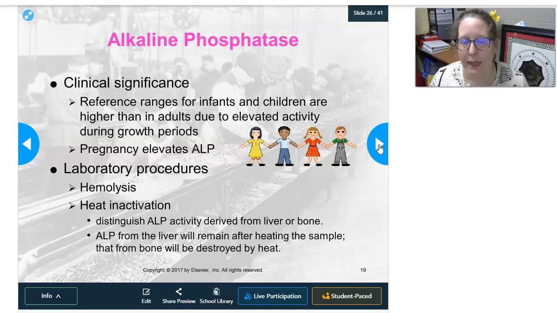What's going on? Or do they have problems with their bone, where maybe they have a bone cancer? Alkaline phosphatase from the liver will remain after heating the sample, whereas alkaline phosphatase from the bone will be destroyed by heat. So that's one way you can distinguish alkaline phosphatase origin.